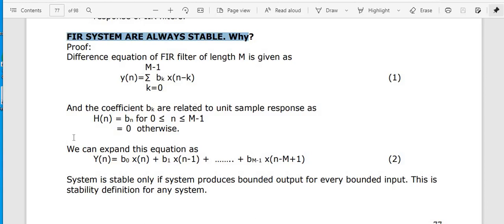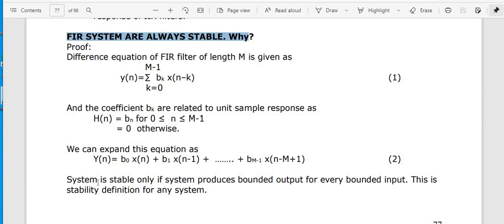That we took. And what is the coefficient b_k here, students? It is related to the unit sample response: h of n is equal to b_n for n lying between 0 and M minus 1. If it is in this range, h of n is b_n, and equal to 0 otherwise. This is for the unit sample response. Clear? Similarly, we can expand this equation.